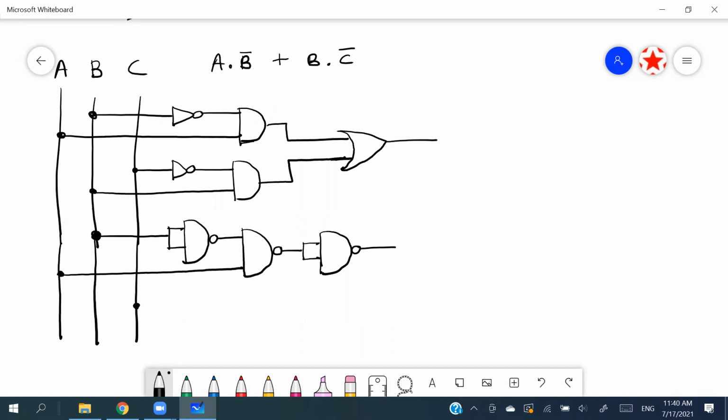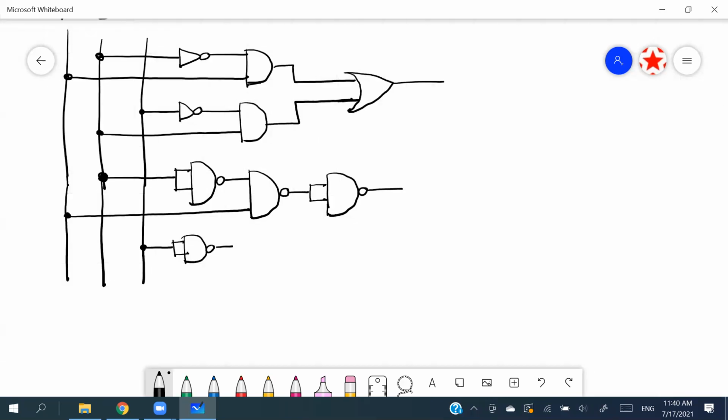And likewise, I'm going to create C bar over here. And I'm going to take these two through an AND gate, divided into 2 again and again through an AND gate.